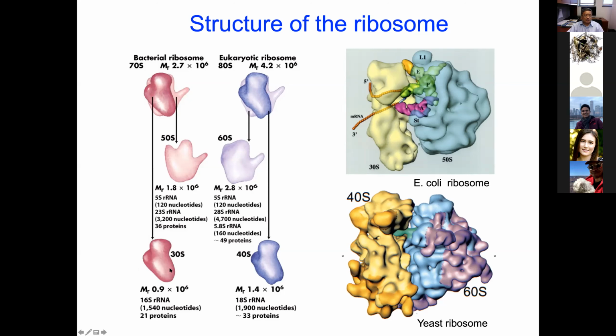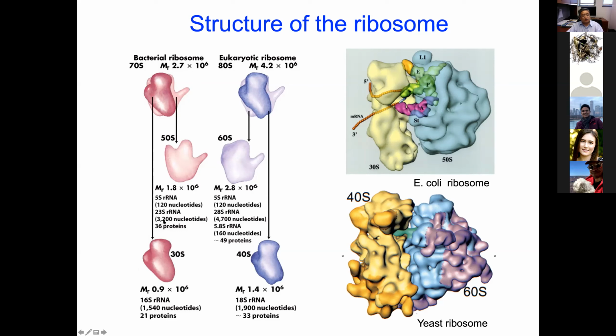And I want you to pay attention to the other components of the ribosomes. You see the large subunit, the 50S ribosomal subunit, contains 2 RNA molecules. One is the 5S ribosomal RNA, which has 120 nucleotides. And the other one is the 23S ribosomal RNA.